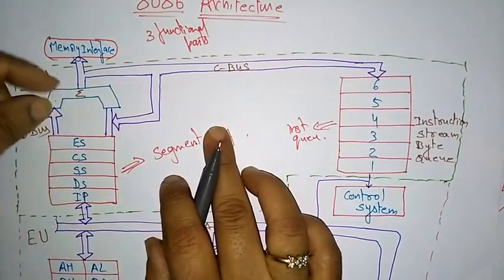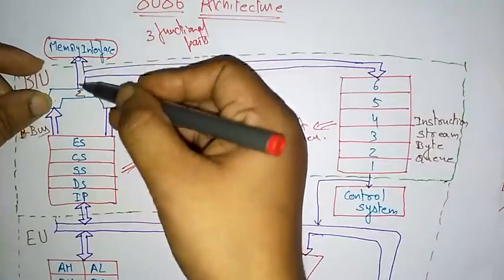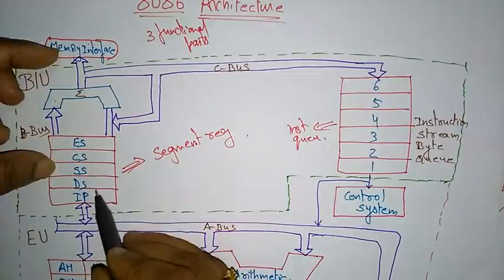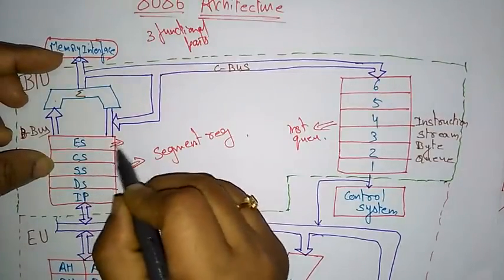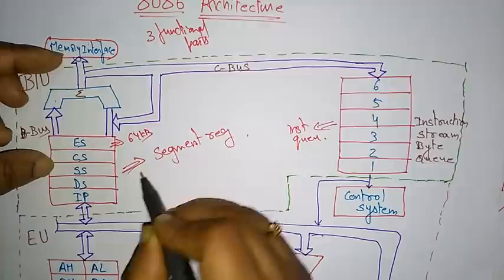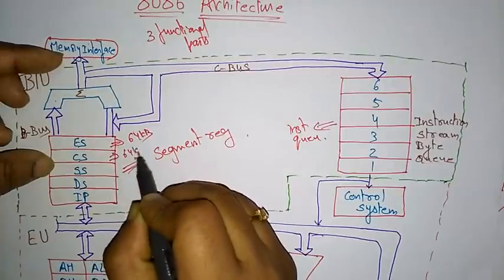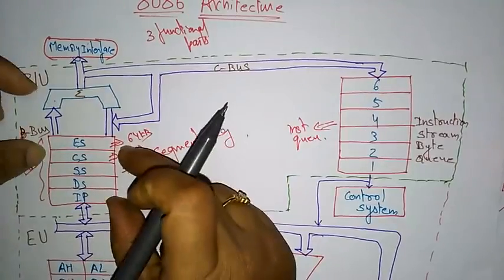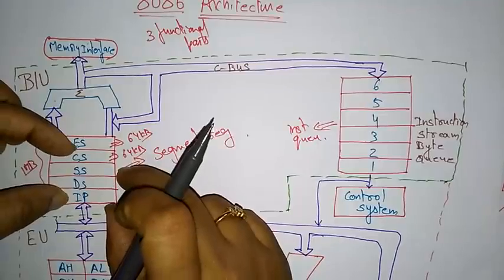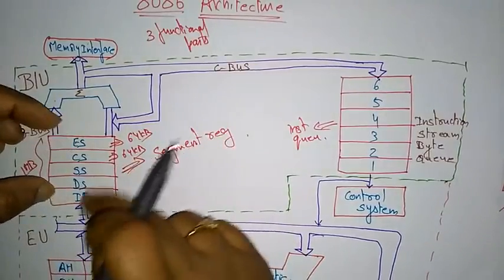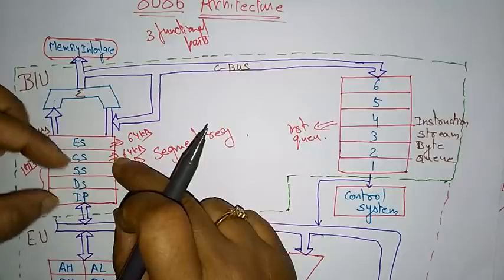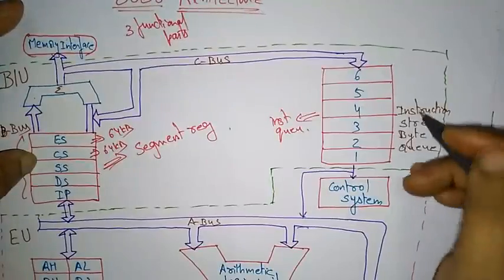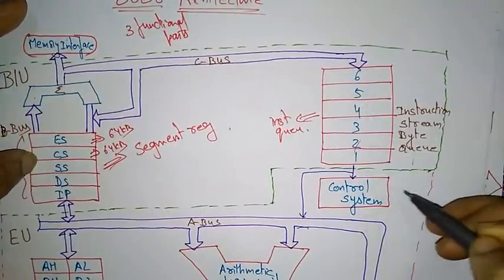Here the bus interface unit fetches the data from the memory interface, and that data is stored in the segment registers. Each register holds 64 kilobytes of memory, so in total this is 1 megabyte. Each register is used to hold the data, whatever is to be executed and whatever has already been executed. And this is the instruction stream byte queue. In total 6 bytes are there.